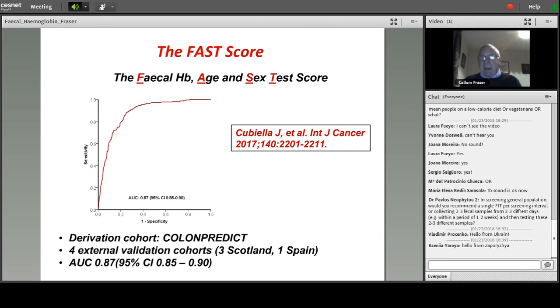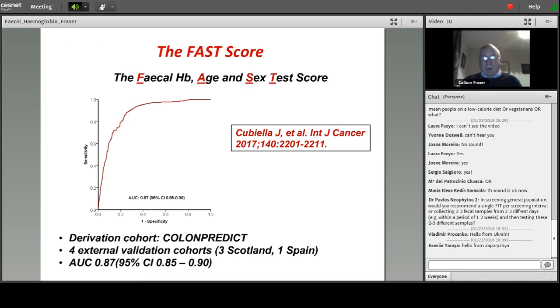So what we did with our colleagues in Spain and in other parts of Scotland was suggest a very simple score called the FAST score, the fecal hemoglobin concentration, age and sex test score. And this is the ROC curve for colorectal cancer.